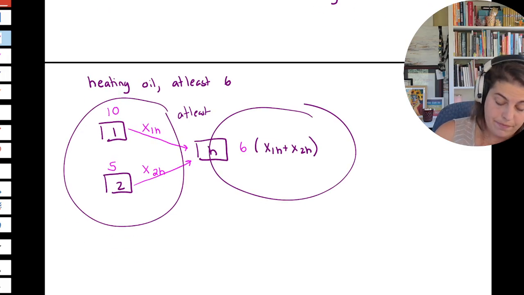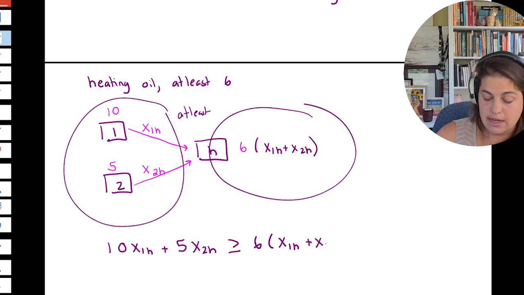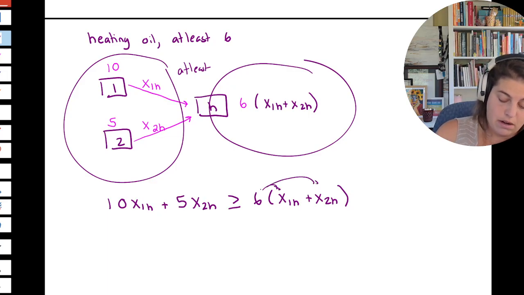So how do I set it up? 10x1h plus 5x2h has to be at least 6 times x1h plus x2h. For proper systems of linear equations, we're going to expand that 6 in and bring it over.